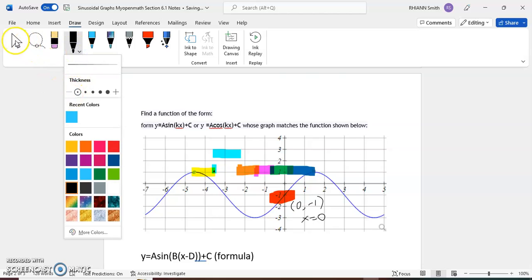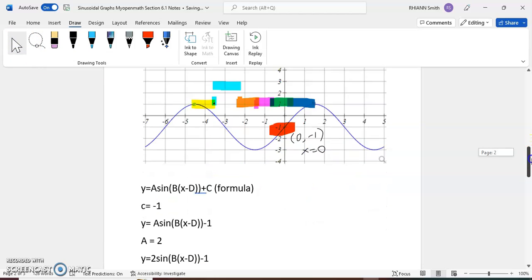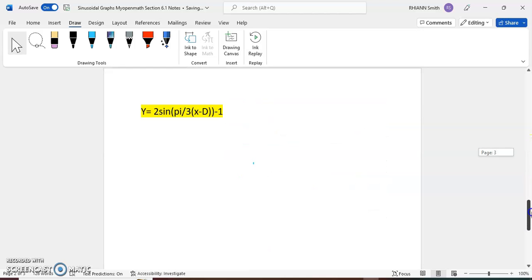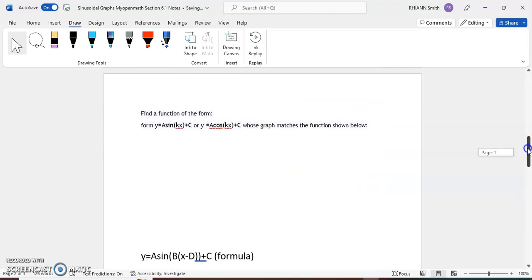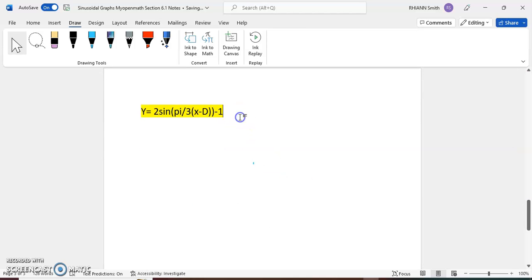And so in conclusion, this graph does not have a horizontal shift. That means there's no D. So in conclusion, our final form should be 2 sine pi divided by 3 x minus 1.